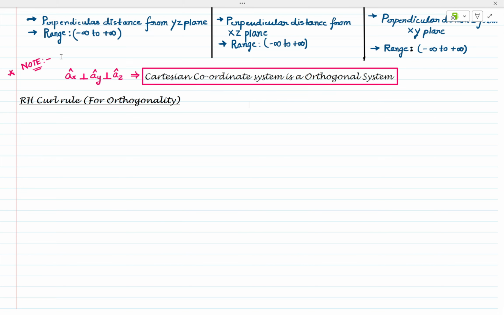Now, what does the right hand curl rule say? See, if this is our right hand, now don't laugh at my drawing, this is my right hand.